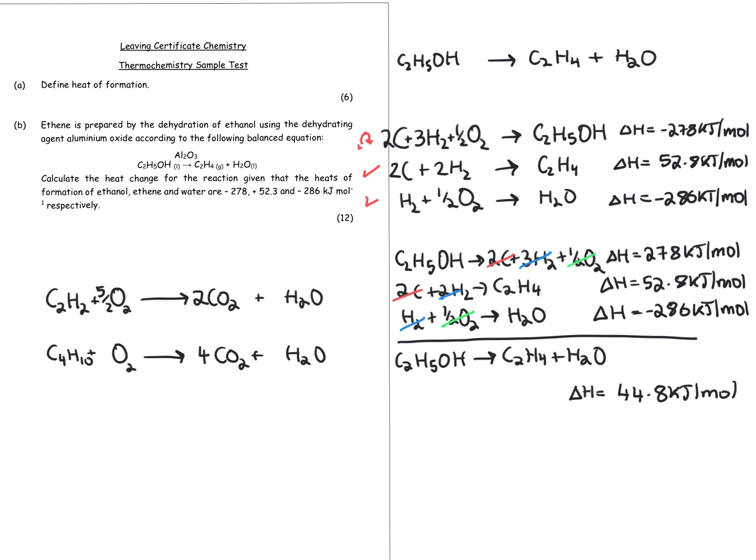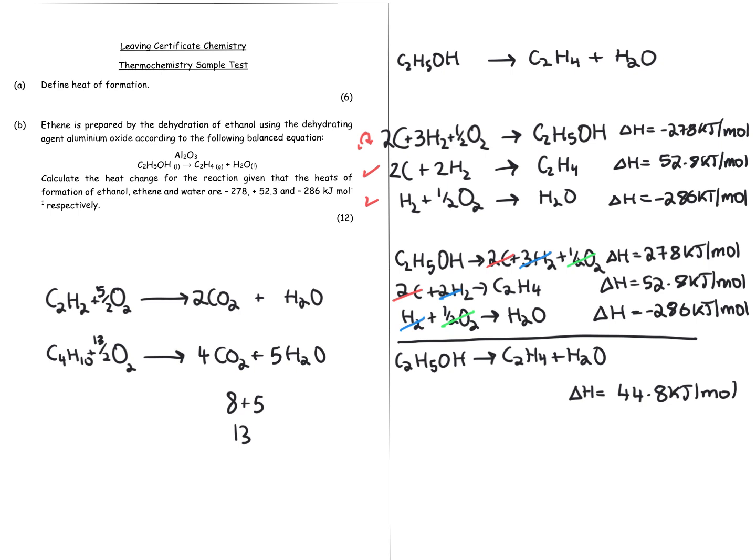We have 10 hydrogens, and we only have 2 on the right, so we're going to need 5 here. Then looking at the oxygen, we have 4 times 2, which gives us 8, plus 5, so we have 13 on that side. So we're going to need 13 over 2 on the left, and 13 over 2, of course, gives you 6.5 oxygens on the left hand side.